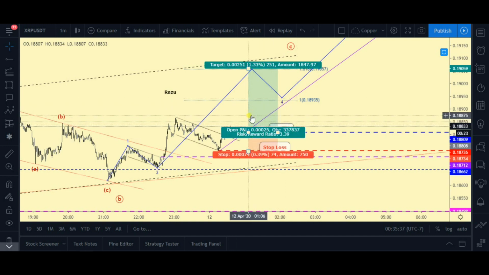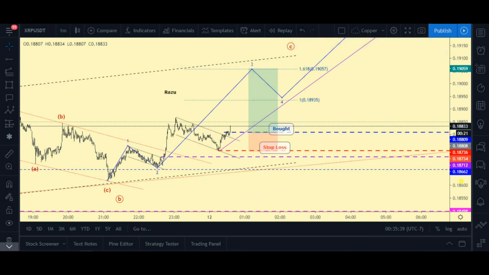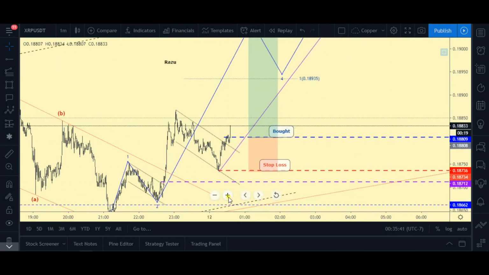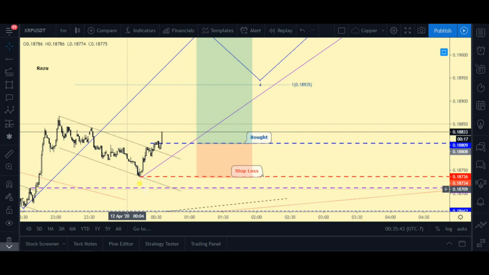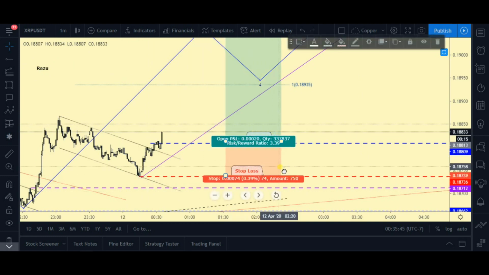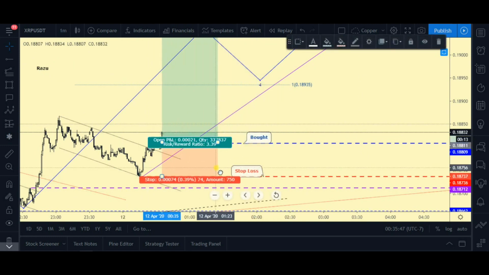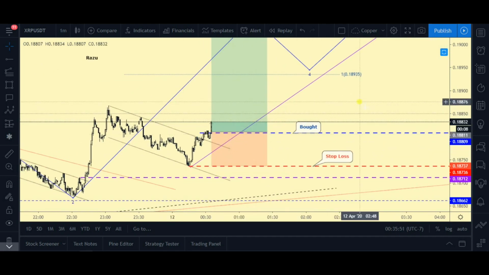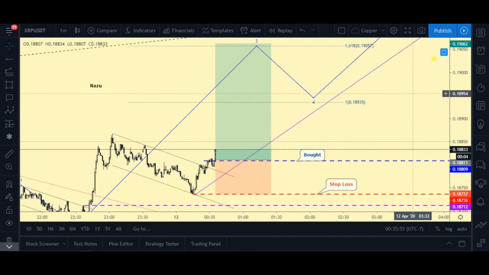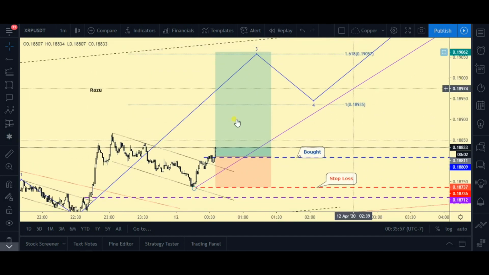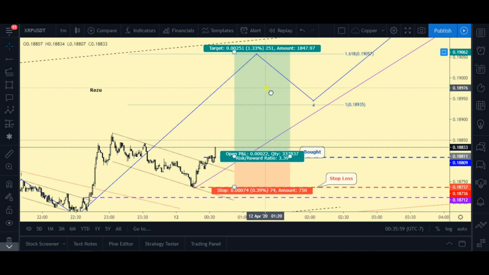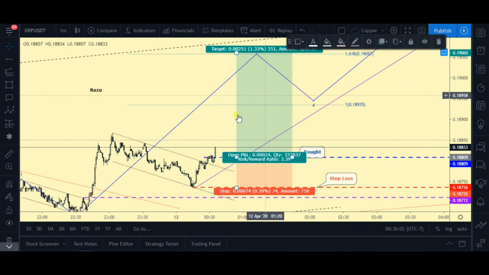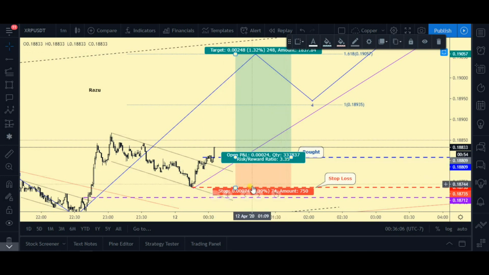So if the price falls below this level, I will implement this stop loss plan. I will lose $1 and exit the trade. But if my trade works accordingly, and the price goes up to here, I will earn $3.39, so $3.35.